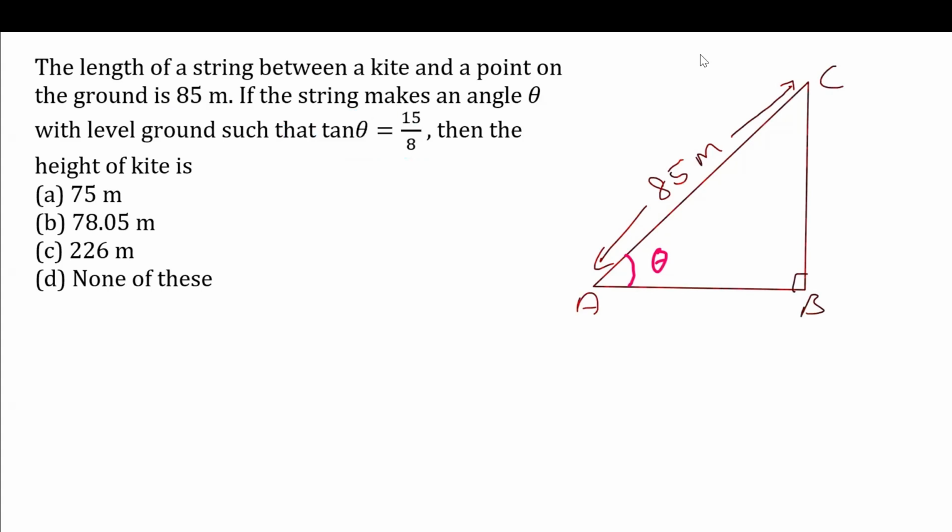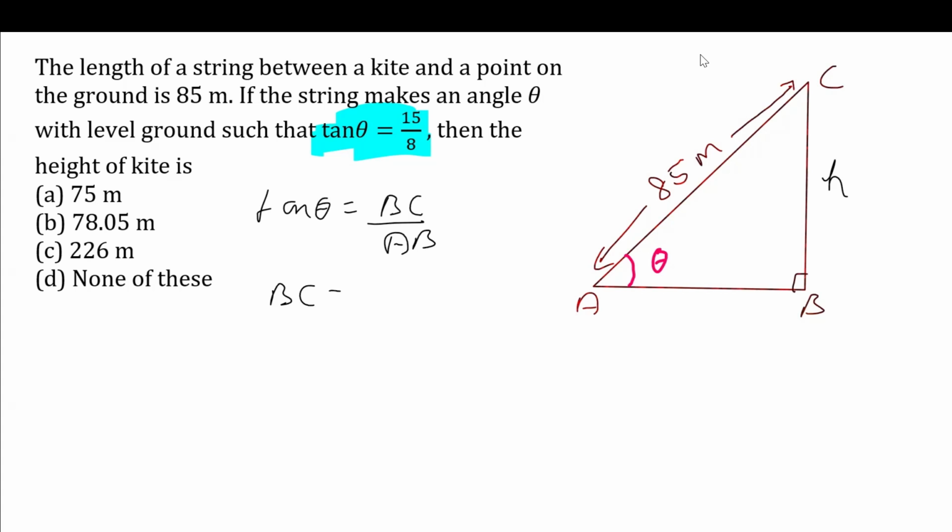We have the hypotenuse and need the perpendicular, so we need sine, but here it is given as tan. So we can convert the ratio. We know that tan theta is perpendicular, BC, over base, AB.